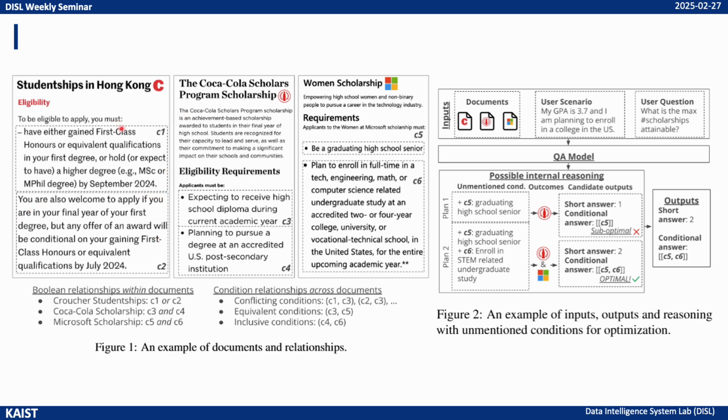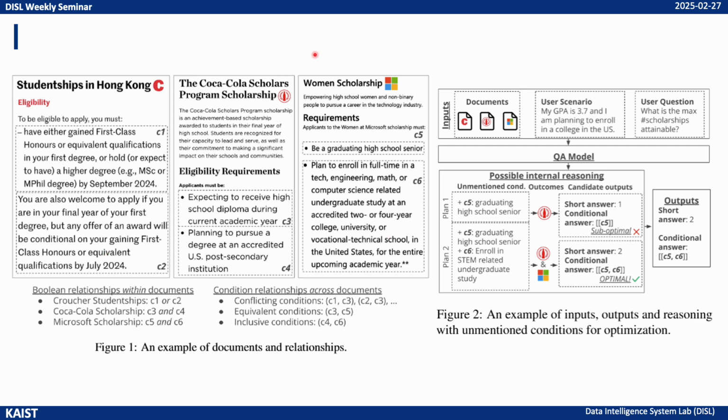So they have to find the conditions within the document, and then mark that these 2 conditions have an and/or relationship, like they have to mark the Boolean relationship within documents. And then upon the generated scenarios, they have to mark condition relationships across documents.